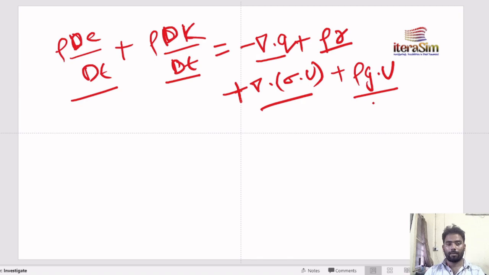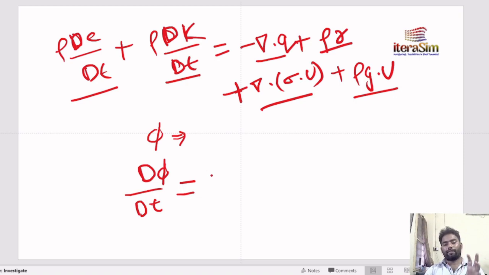Now we can further derive this equation. The term D E upon D t is known as the material derivative. If you have heard of calculus, this capital D upon capital D t is known as the material derivative. If we take any physical quantity phi, we can write its material derivative as D phi upon D t.